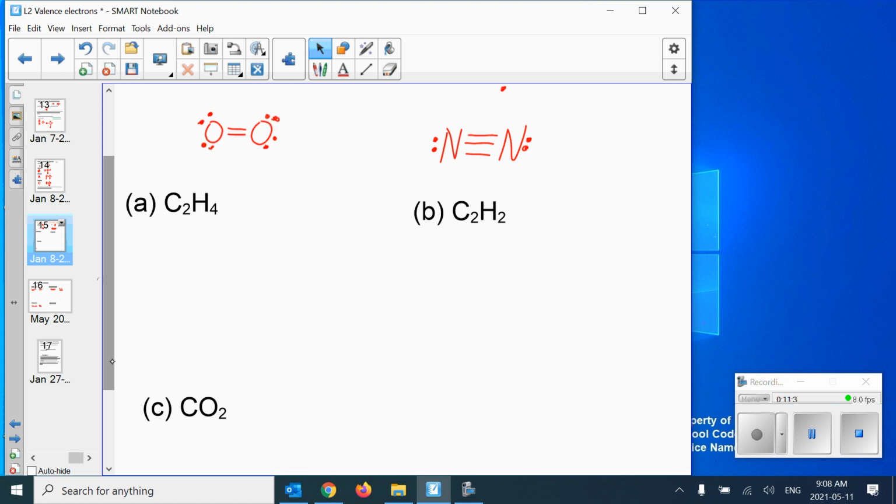Carbon tends to be in the middle. Hydrogens are always on the ends because they only carry one bond. If I put a double bond, try that first. That means, oh, by the way, carbon, 1, 2, 3, 4. Carbon can bond 4 times is what I was thinking.